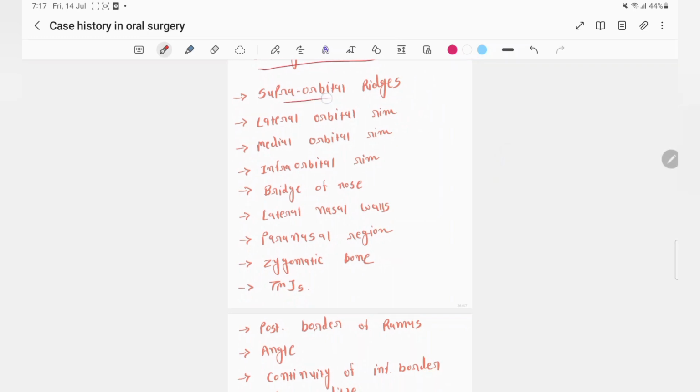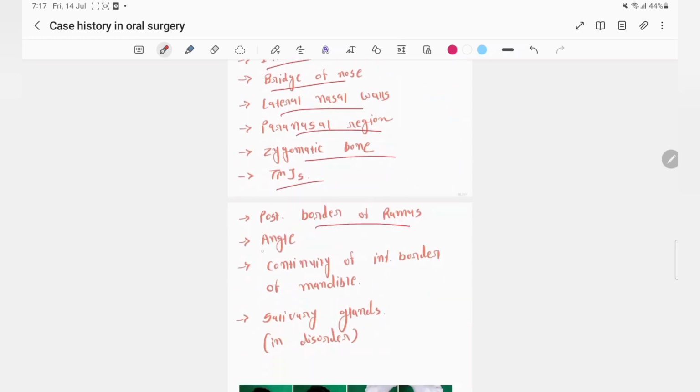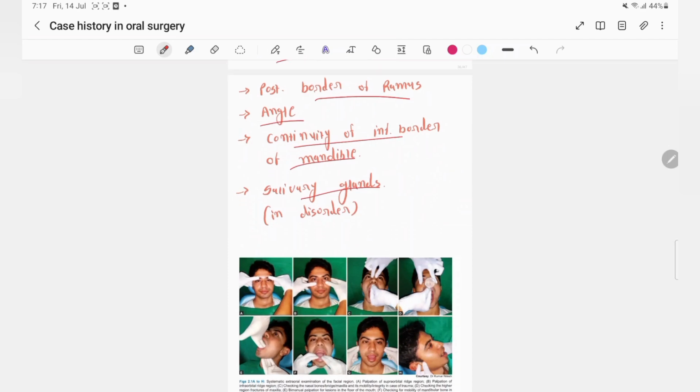Which parts? Supraorbital ridges, lateral orbital rim, medial orbital rim, infraorbital rim, bridge of nose, lateral nasal walls, paranasal region, zygomatic bone, TMJs, posterior border of ramus, angle, the continuity of the inferior border of mandible, and salivary glands in disorders.